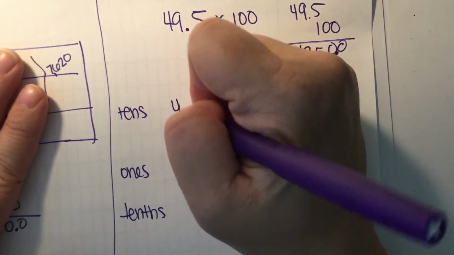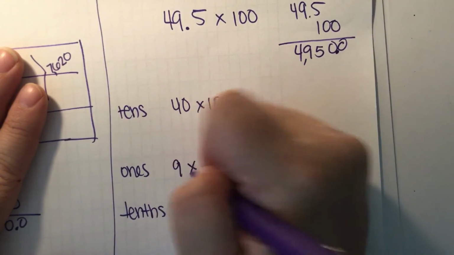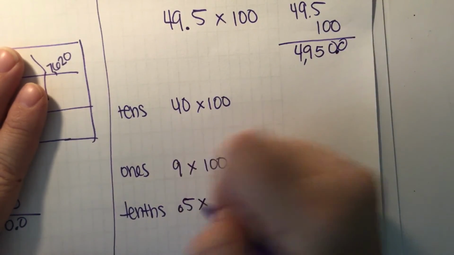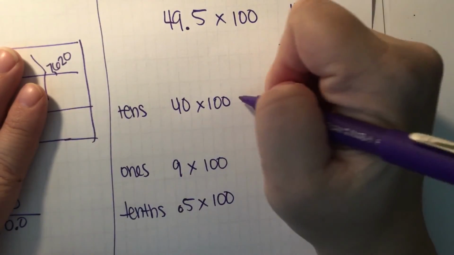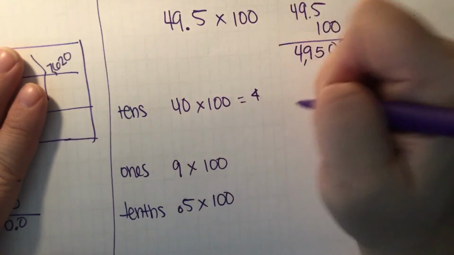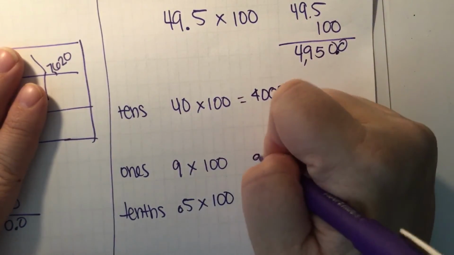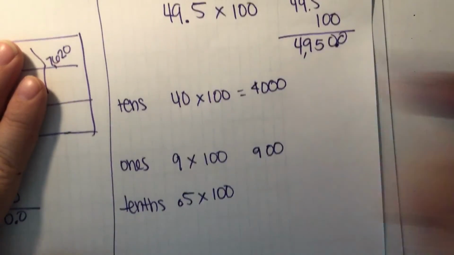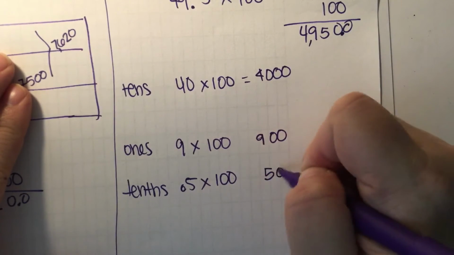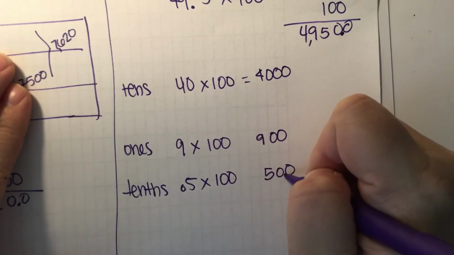So we have 40 times 100, we have 9 times 100, and we have 0.5 times 100, okay? 4 times 1 is 4, and we have 1, 2, 3 zeros. 9 times 1 is 9, and I have 2 zeros. 5 times 1 is 5, and I have 2 zeros, but then I have 1 decimal, okay?